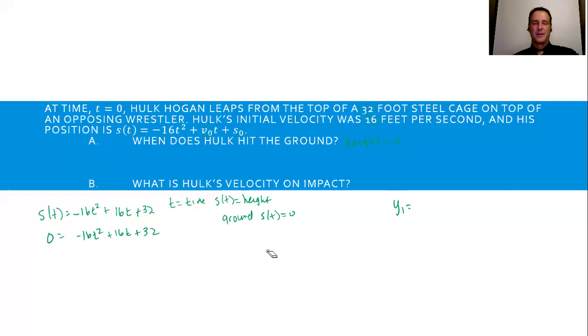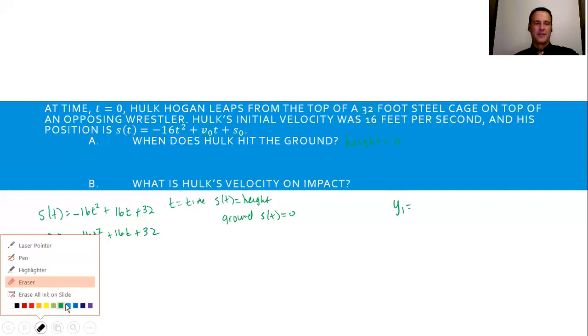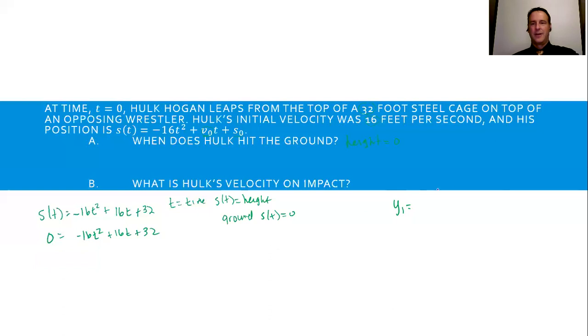So get rid of that. New color, purple. Again, you would hit calc, and then you'll do 2, which is 0. That'll help you find out exactly where it crosses. Make sure you round to 3 place values.